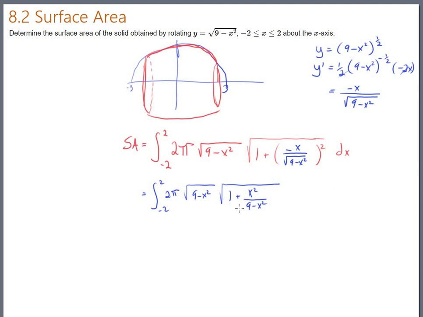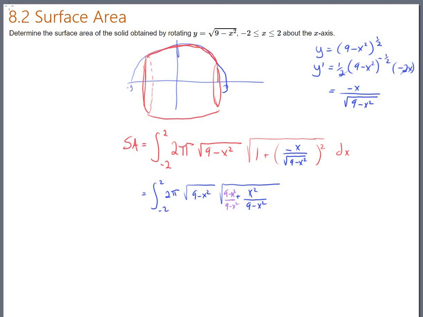I'm going to keep working algebraically with the stuff inside the square root. I'm just going to get a common denominator. So I'll replace 1 with 9 minus x squared over 9 minus x squared. That's the same thing as 1.